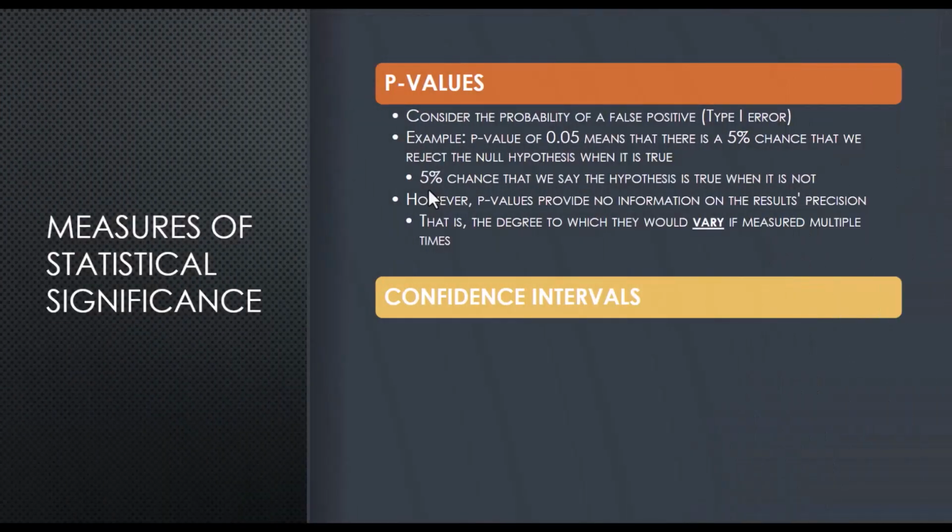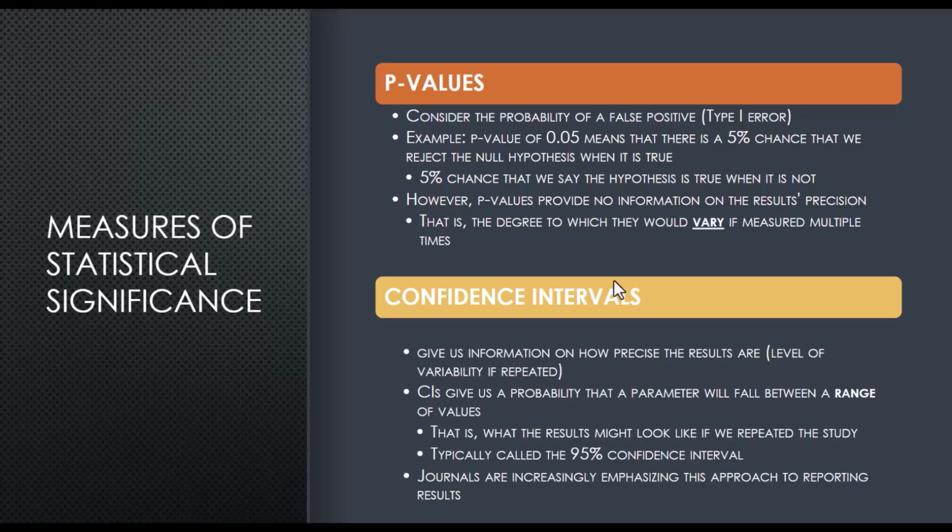The measures of statistical significance that we're looking at are p-values and confidence intervals. A p-value tells you the probability of coming to a false positive or a type 1 error. So our p-value is going to tell us the probability of making a false positive claim.